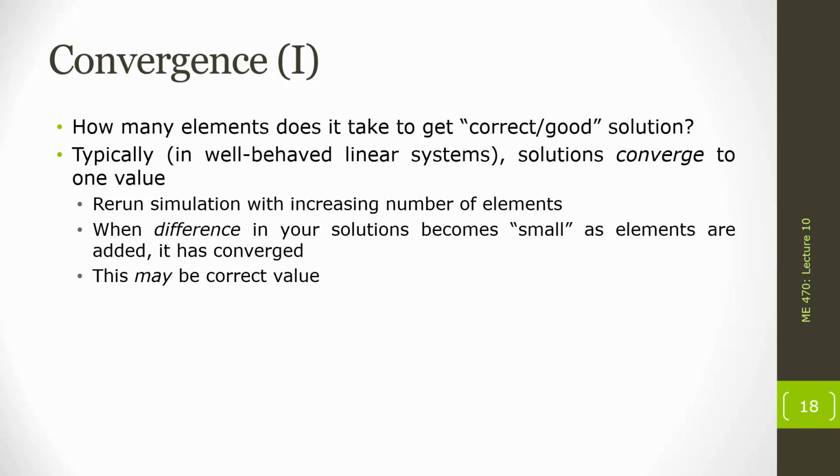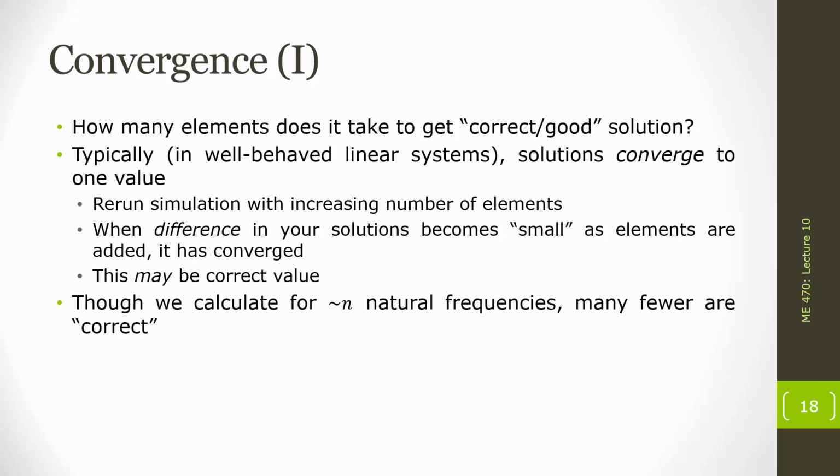Now, as we add more and more degrees of freedom by making this finer mesh, we are going to be calculating more and more natural frequencies. So if we split it into n nodes, we're going to get about n natural frequencies. Because of applying boundary conditions, we reduce the number of actual degrees of freedom, so it won't be exactly n.